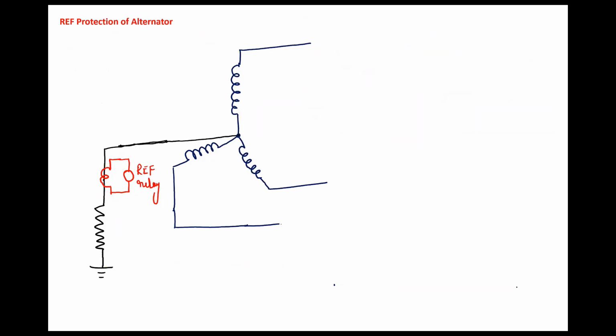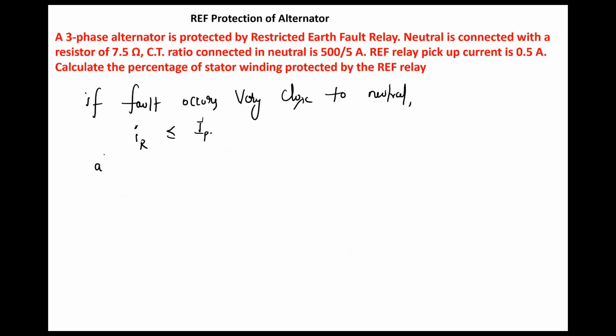Okay, so let us say at some X percentage of stator winding, your relay current is matching with the pickup current. That means suppose at 5% it is not able to pick up, at 10% it is not able to pick up, and at 15%, if the earth fault occurs at 15% of stator winding, the current flowing through the relay and the pickup value of the relay are matching.